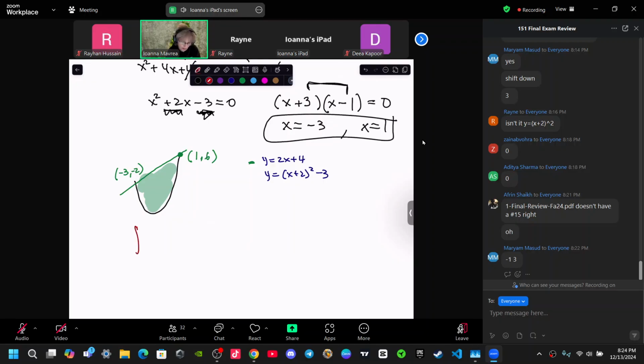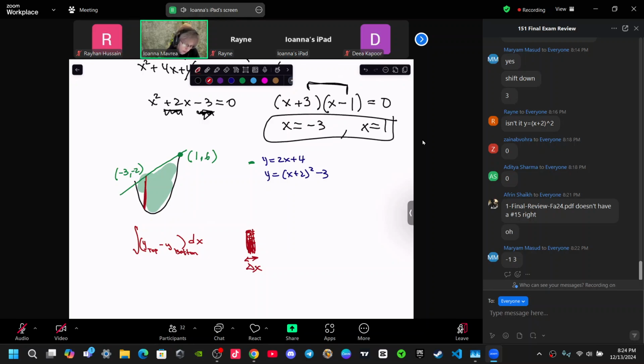So one way, it would be with respect to x. If you're doing with respect to x, you should be y top minus y bottom. That means you put a line segment that's vertical, and that's the width.